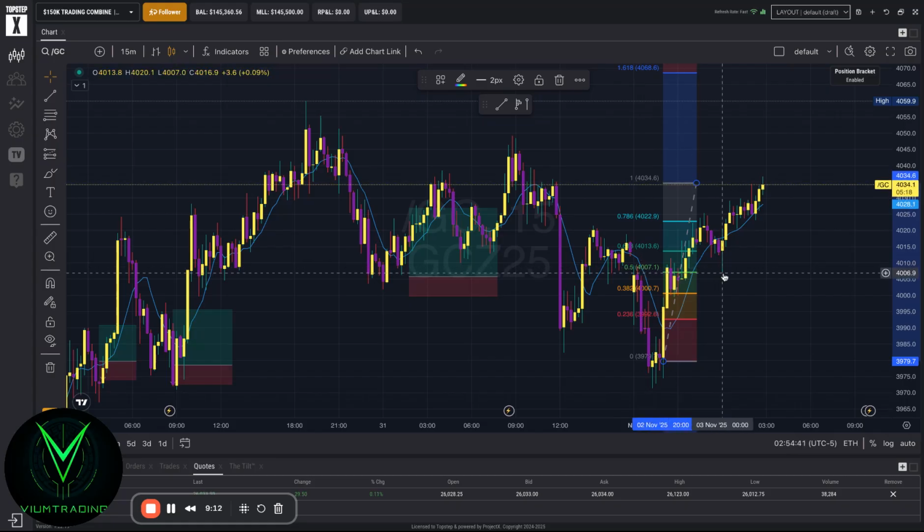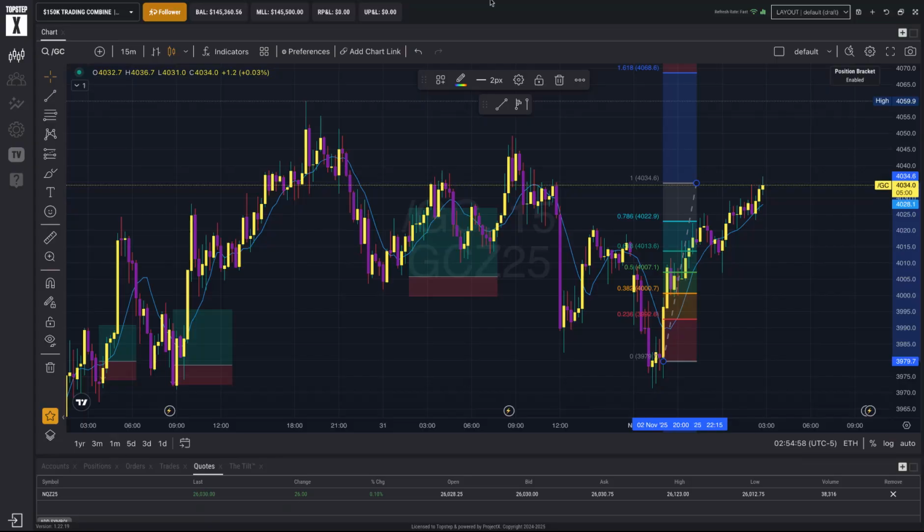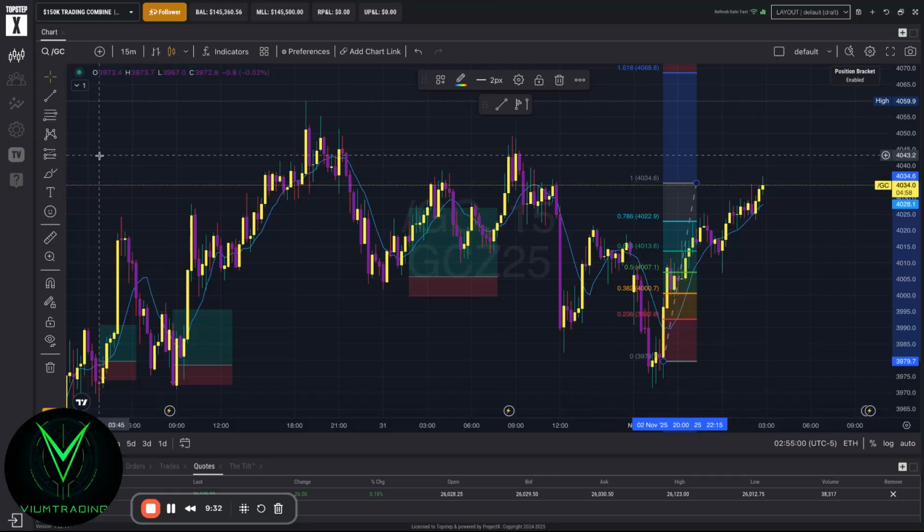That's where we enter. You enter over here and you put your stop loss, you know, your 5 points, your 6 points down here. You guys can see here, retracement level. This is when you enter a trade, right? So let's see, we enter the trade over here.